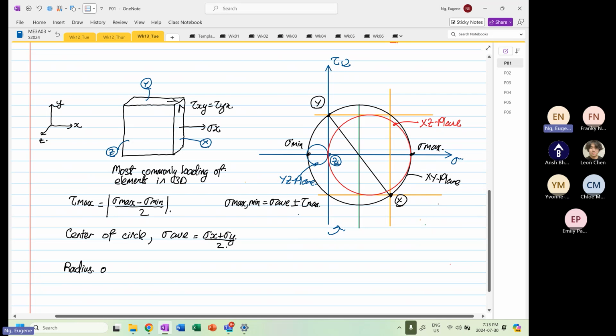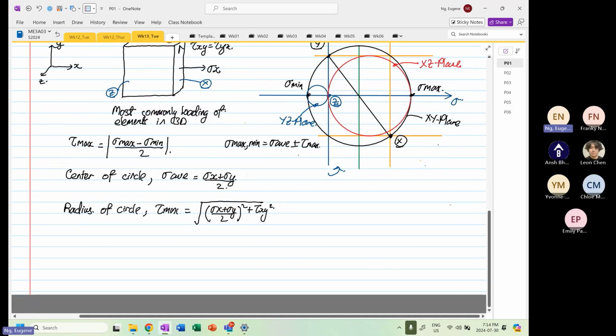So the radius of the circle, which is equal to our tau max, will be equal to the square root of stress X plus stress Y divided by 2, squared, plus shear XY squared. Okay. So from here, we can find our stress max and mean.